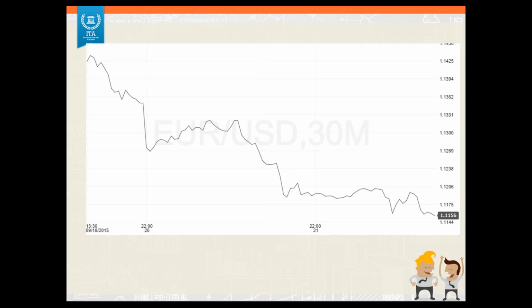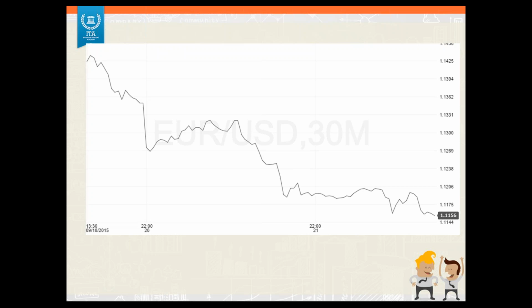So the basic chart, the bare basic, is what you see on your screen now, which is called a line chart. A line chart is simply a grouping of dots. If you're looking at a 30-minute chart, the price of the asset at the close of that 30-minute period is put as a dot on the chart, and then all of those dots are connected to form a line.